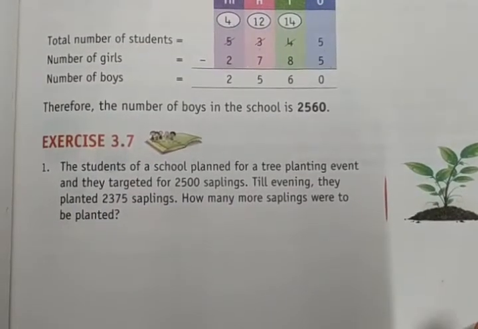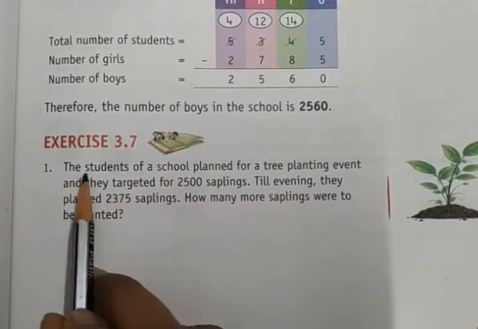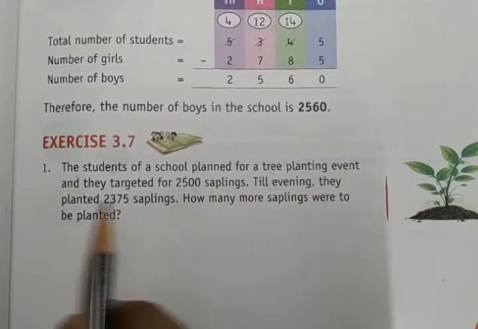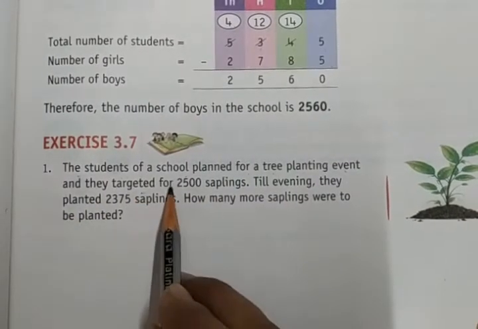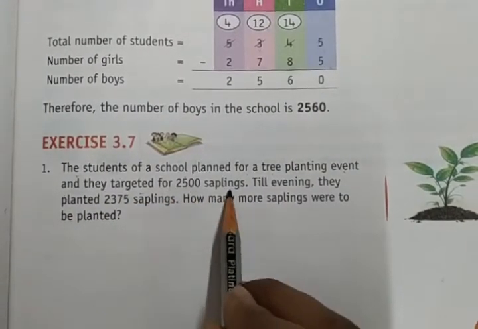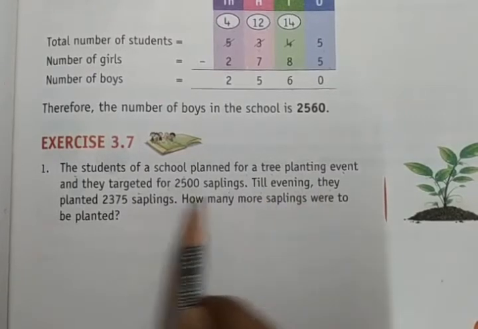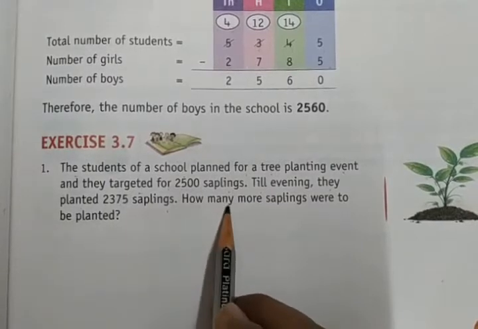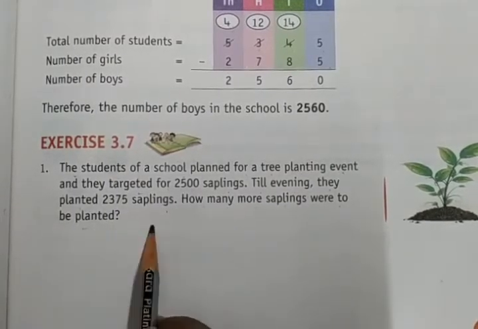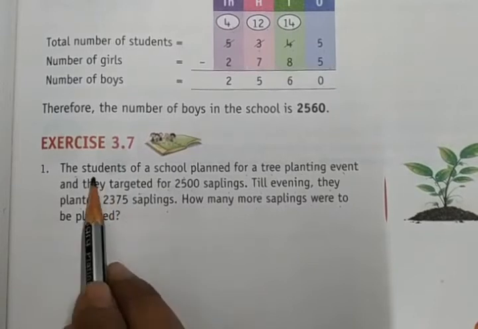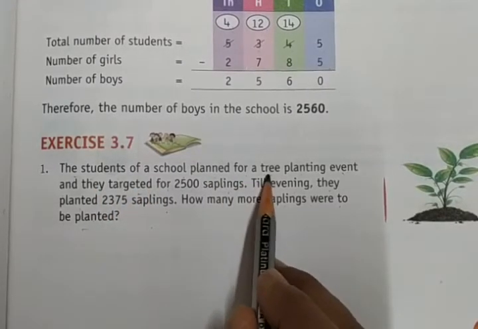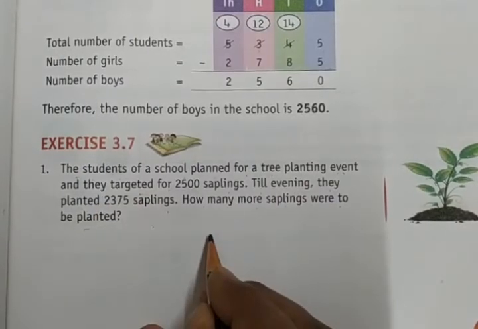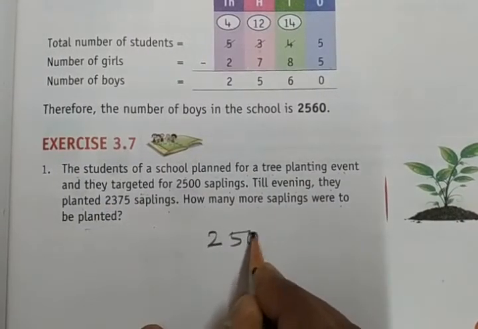Exercise number 3.7. The students of a school planned for a tree planting event and they targeted 2,500 saplings. Till evening they planted 2,375 saplings. How many more saplings were to be planted? Okay, the students of the school planned for a tree sapling event and they targeted 2,500 saplings.